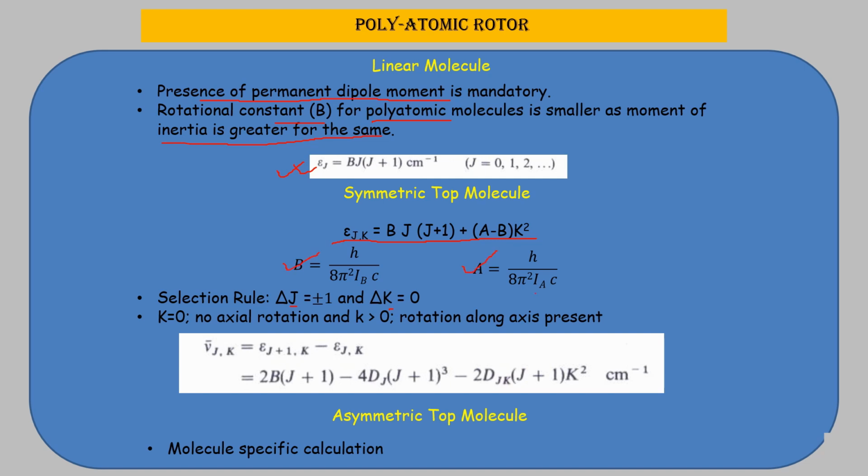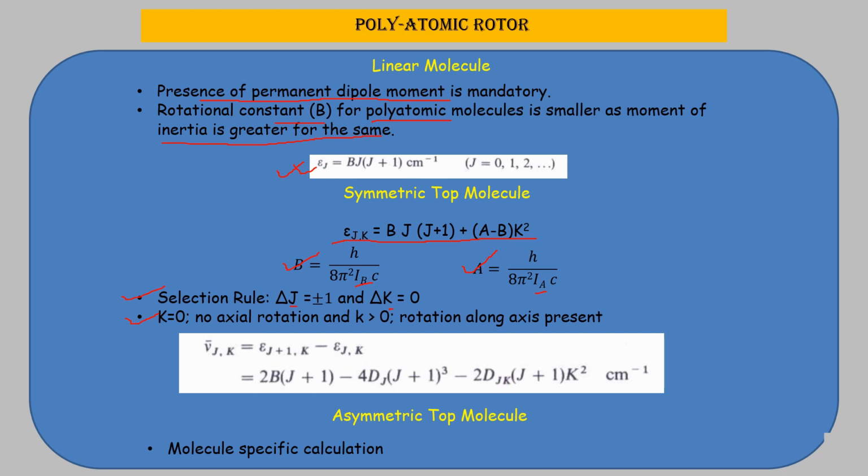For all cases where K is greater than 0, the rotational energy levels are doubly degenerate. The selection rule is the same, delta J equals plus or minus 1, but delta K equals 0. Thus, two conditions arise for the symmetric top molecule.